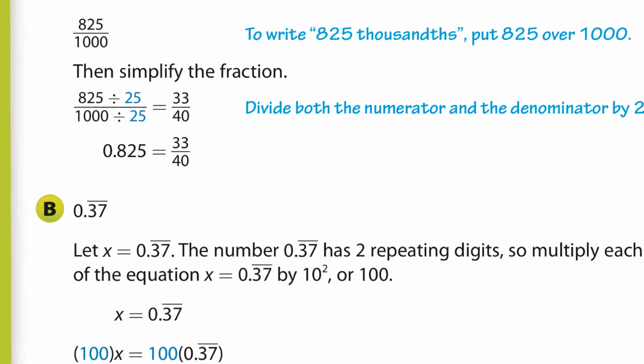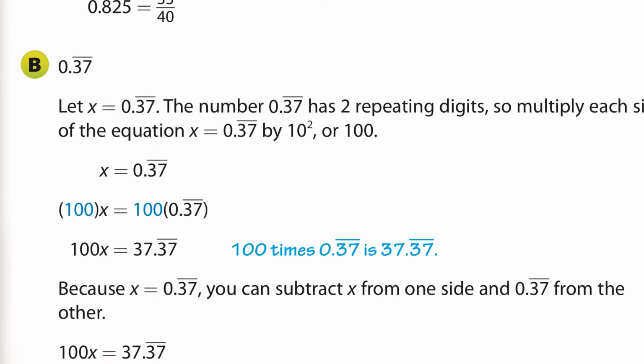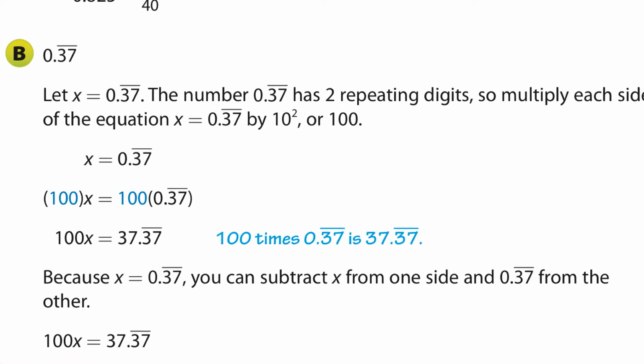Now, this part here is a little bit tricky. So we have this 0.37, and the 37 is repeating. And I'll tell you right now, the quick way to remember this is if you have 0.37 with a bar, that is 37 over 99.